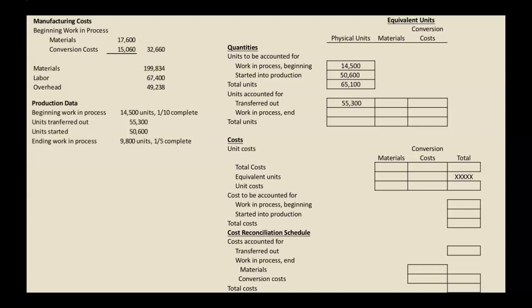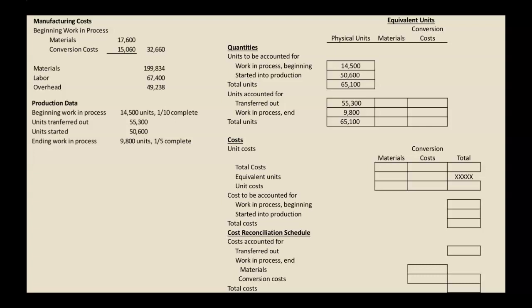That means it's 1/5 complete as to conversion costs, right? So that's going to come later on in this process. Here we're just looking at physical units, so that's 9,800. You add those two together and you get 65,100. You'll notice that's the same as the total units that we found previously. They need to equal. Those two amounts for the total units have to be the same number.